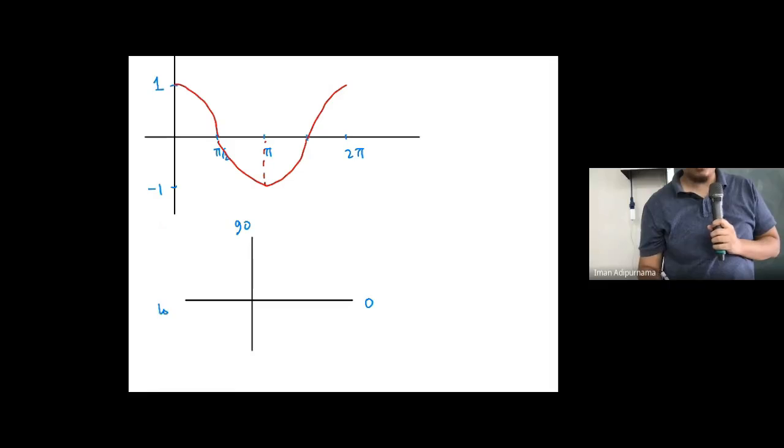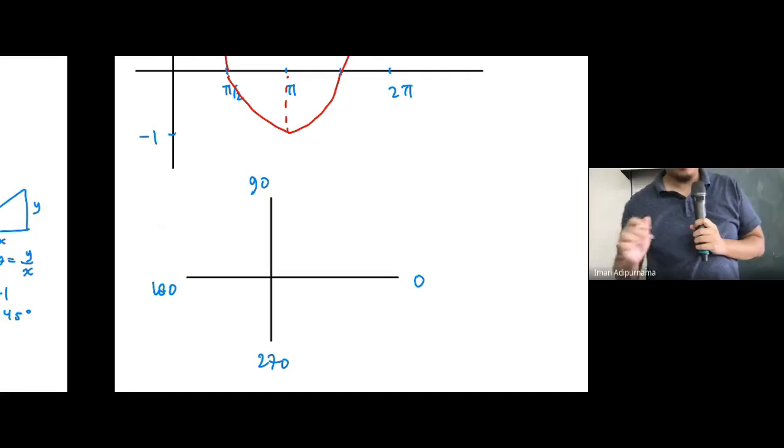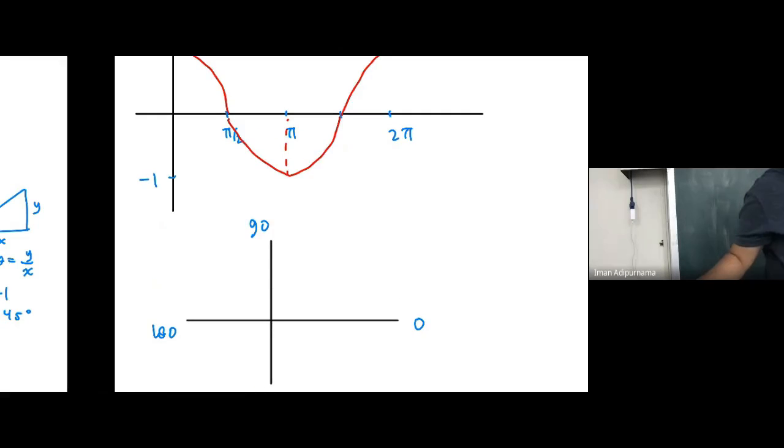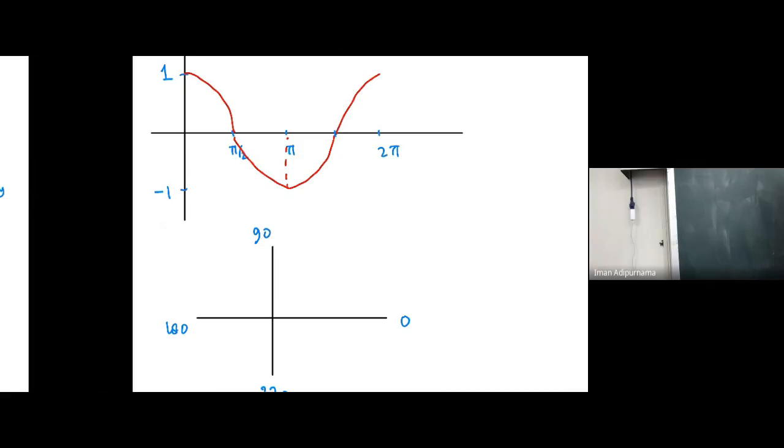Let's say 90, 180, 270. We can compare these two. 0 is 1, maybe here. And then it's decreasing, and at pi over 2, at 90, it's 0. So it's from here.